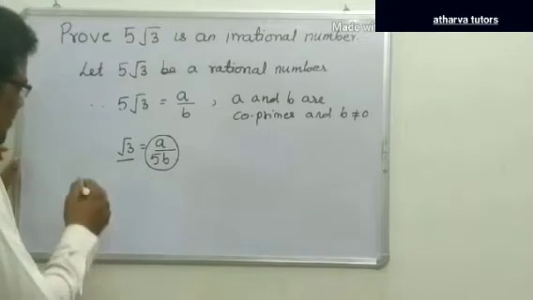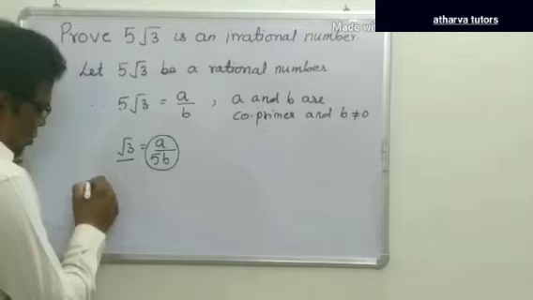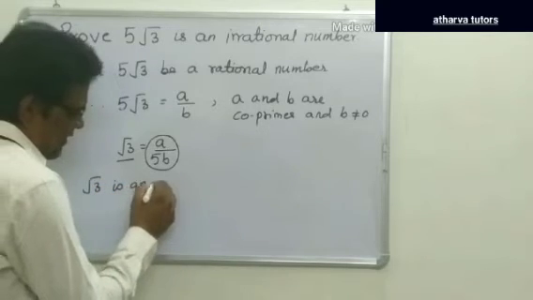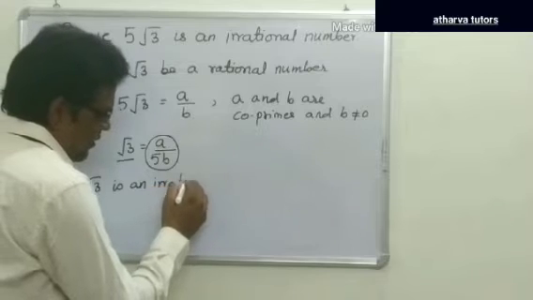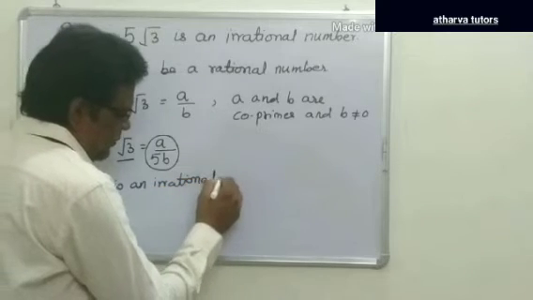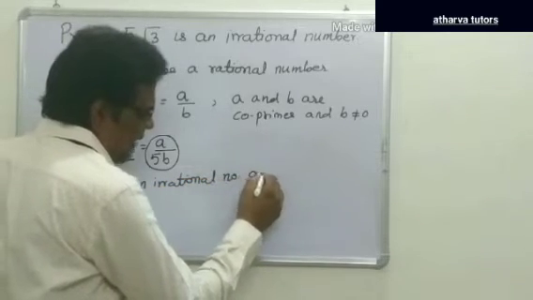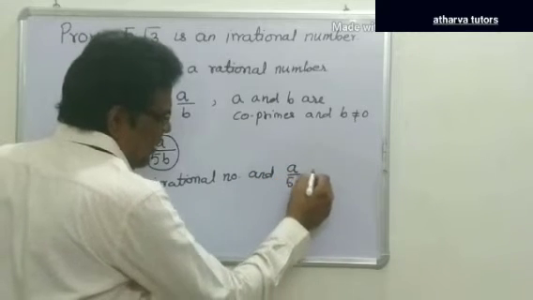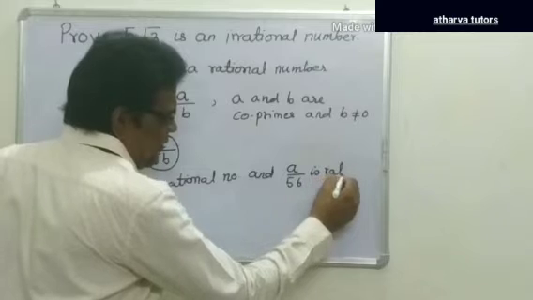So you can write here, root 3 is an irrational number, and A upon 5B is a rational number.